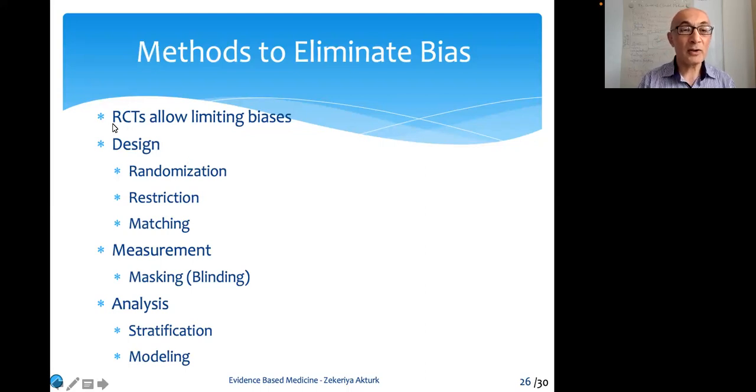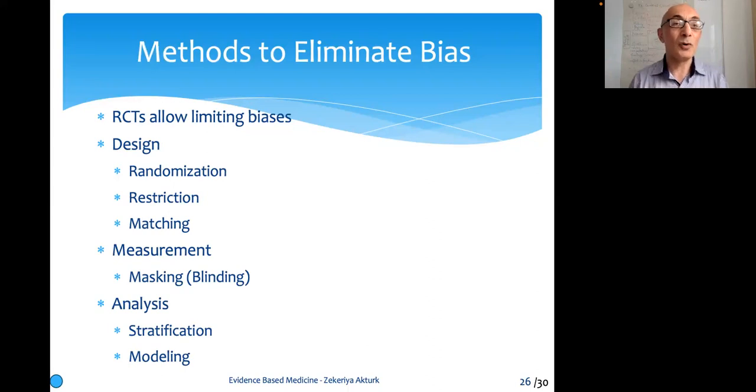If you conduct a randomized control study, in randomized RCTs, the researcher has the advantage of deciding the inclusion or exclusion criteria. So you yourself decide how the groups will look.